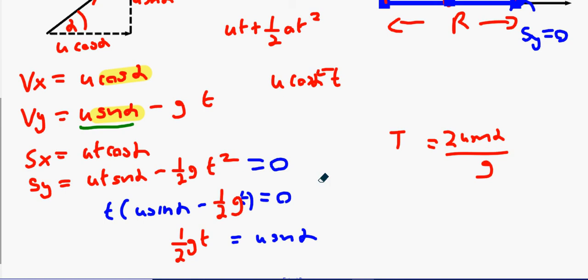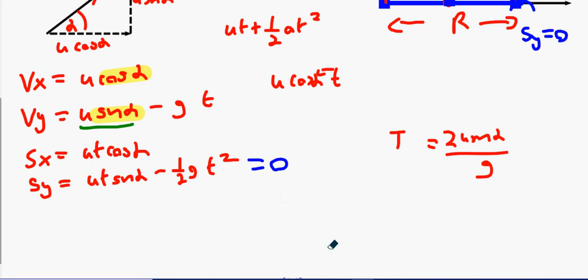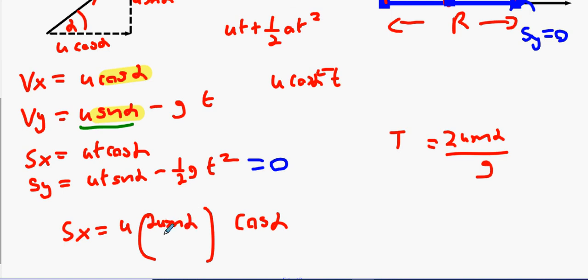Now, how do I find the range? Anybody, how do I find the range? Sx, so what's Sx? u by 2u sine alpha over g.